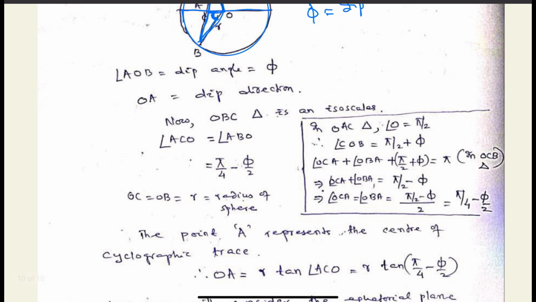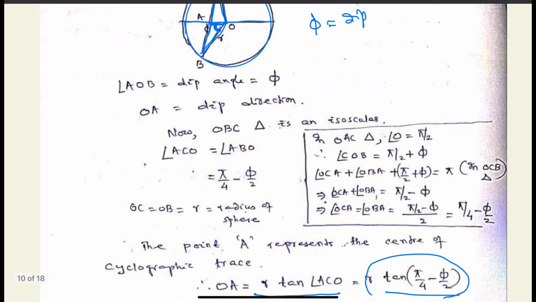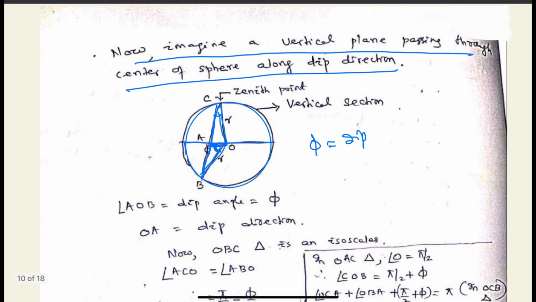This OA will be equal to R tan (pi by 4 minus phi by 2). This is the OA distance, where the line starting from the plane at the lower half, pointing in the dip direction, is joined with the zenith point.